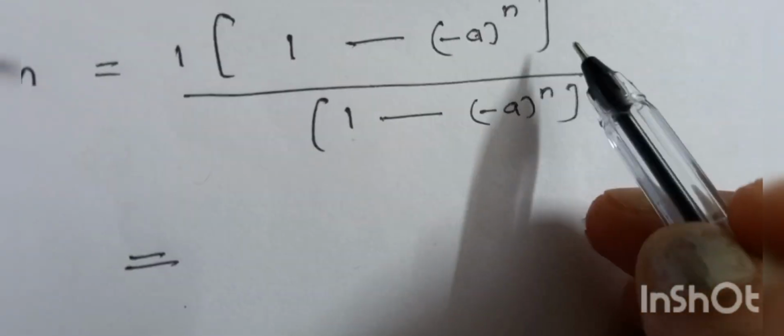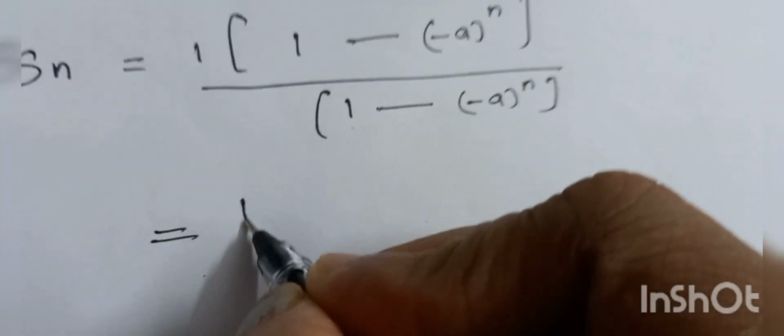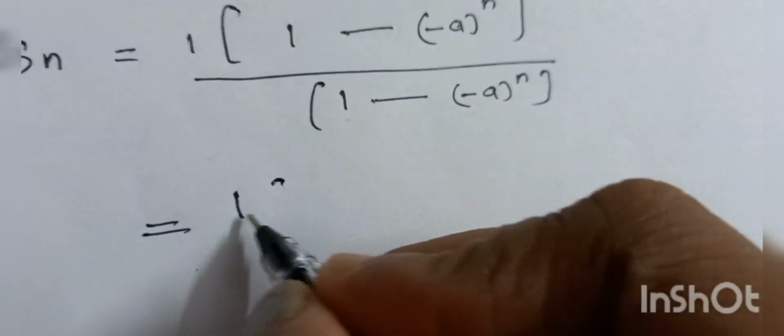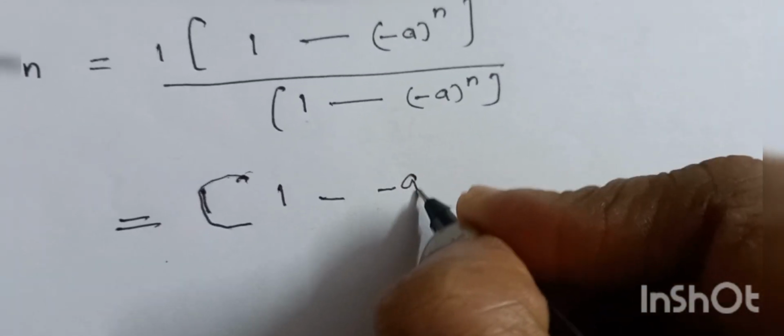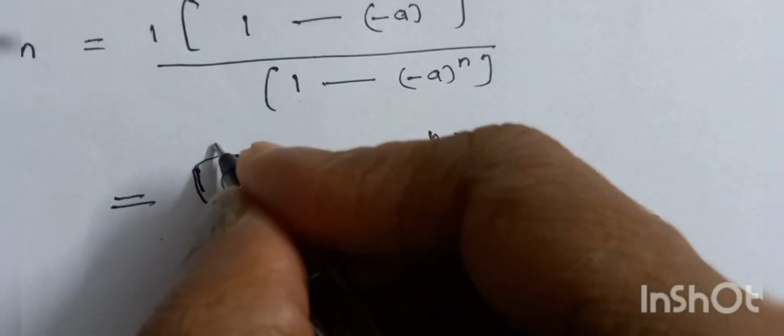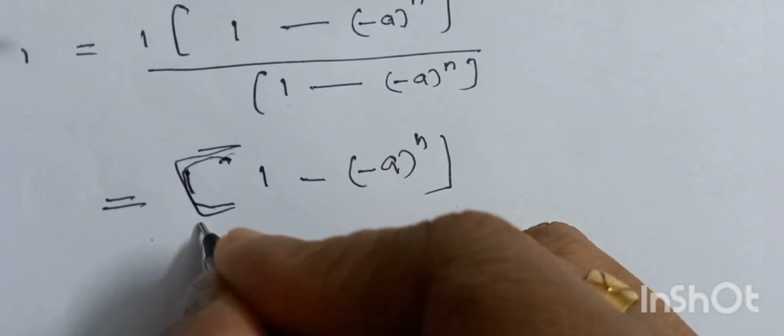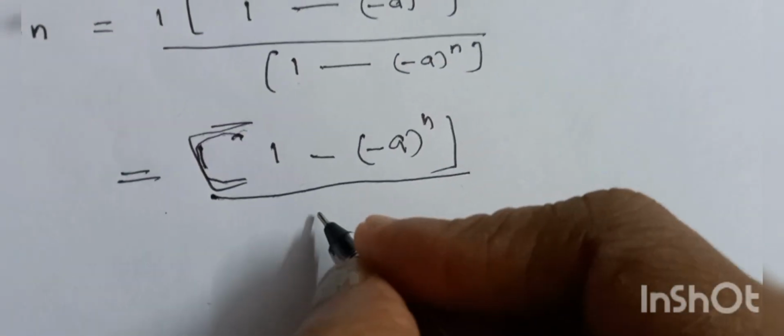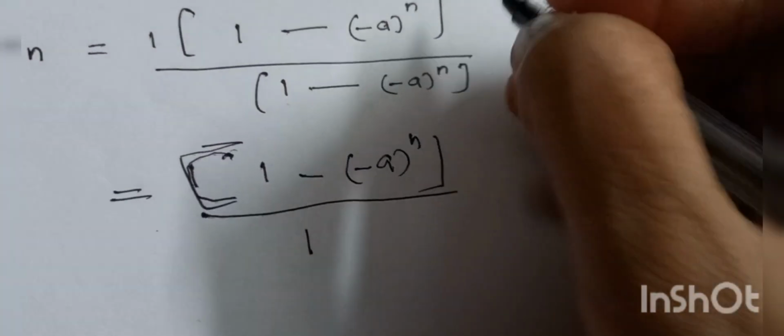So we get like this. Then this we have to simplify it. 1 into minus 1 we get bracket 1 minus of a to the power n whole divided by 1. Sorry, here no n is there.